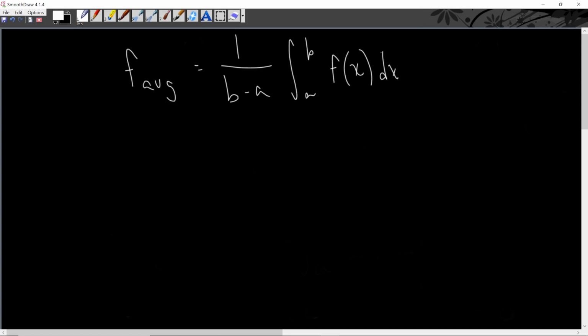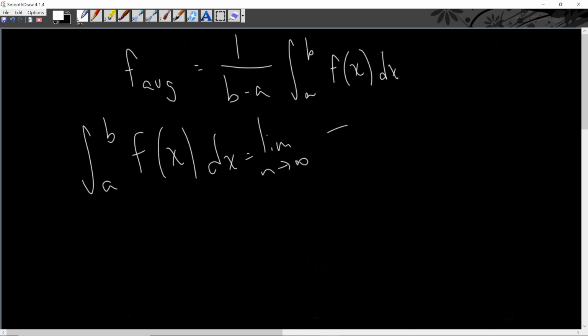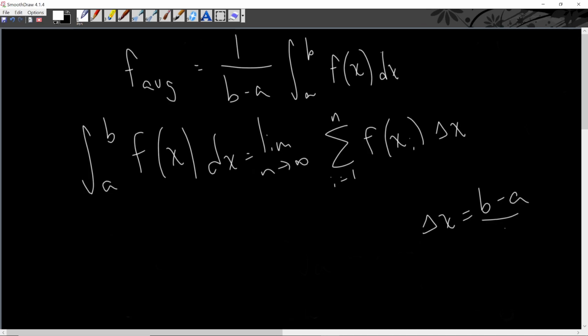From our formal definition of the definite integral, we said that the definite integral is equal to this limit as n approaches infinity of that same series times change in x, where change in x is equal to b minus a over n, where n is again the number of subintervals, which in this case is infinite.